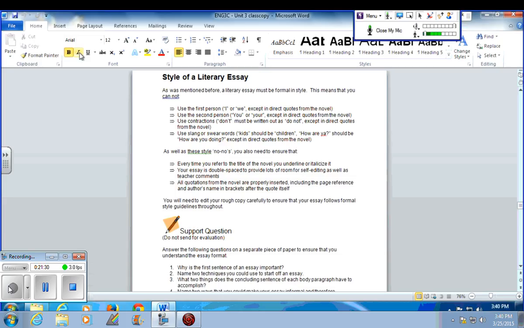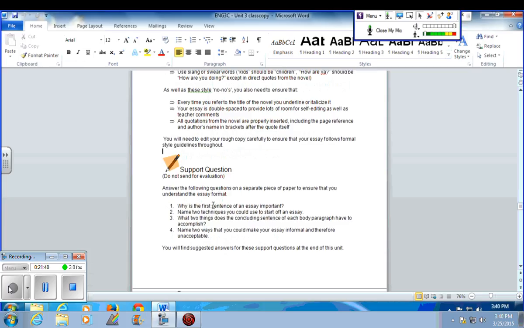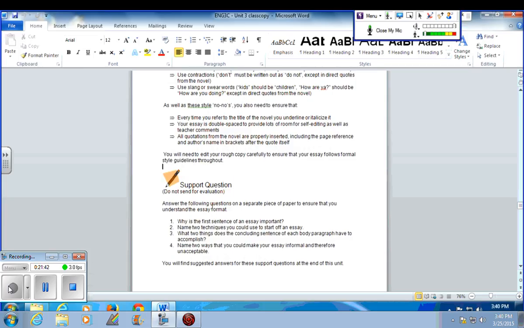Number 1: why is the first sentence in an essay important? So let's look at the hook and all that. Why is that important? Don't just copy it from the course. Try and think about that on your own to come up with a really clear sentence or two.